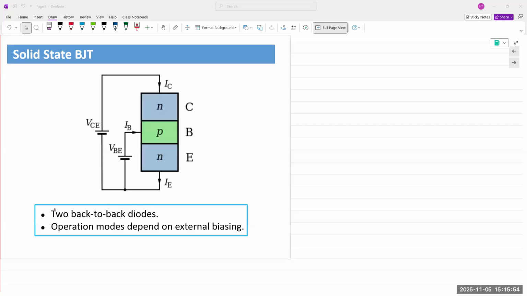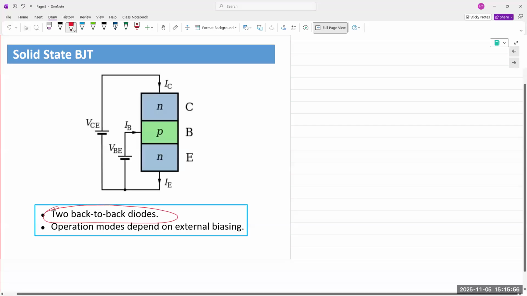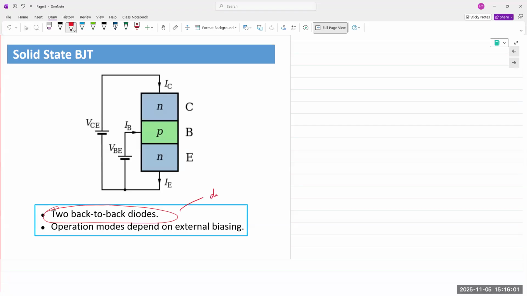So essentially, they are two back-to-back diodes, but they do not function like two back-to-back diodes. And I explained on Monday how the function works, but we'll look at it in detail today with some images and some figures.